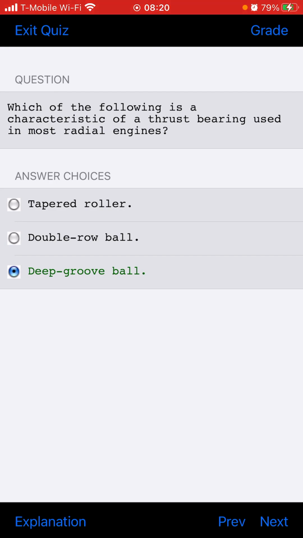What factor about the condition of an engine can be learned by studying the results of compression tests?